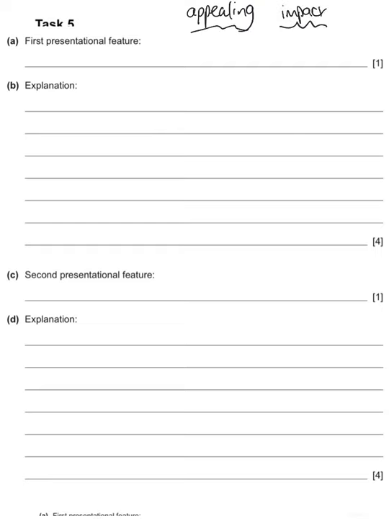So you must always go back to the question. And I just want to remind you that to get your 1 mark, you can't just put the word image or colour or layout or whatever. You've got to actually specify and state what it is that you see that makes the reader feel a certain way or think a certain thing.